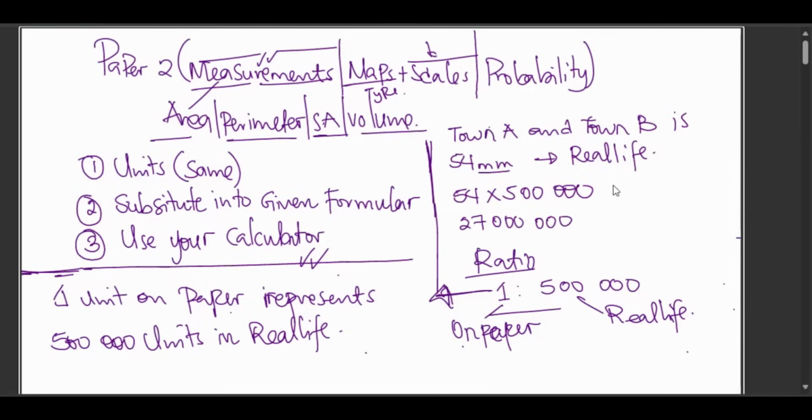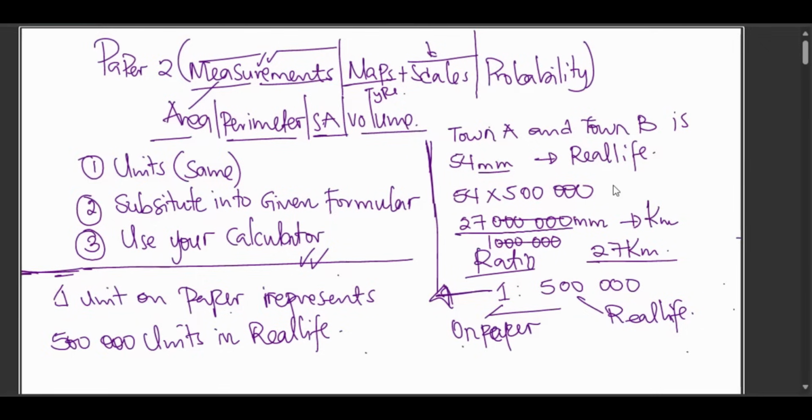But take note, these are millimeters. So in real life, it's either in meters or kilometers. So let's change this to kilometers. Millimeters to kilometers, you divide by a million. So these zeros will go with that. And our final answer becomes 27 kilometers. That is what we shall be expecting.